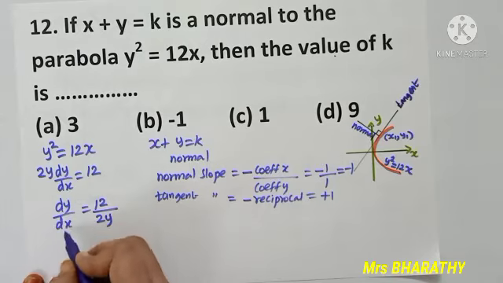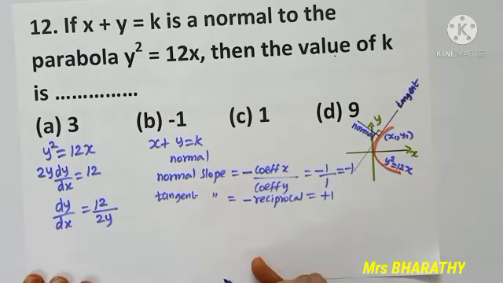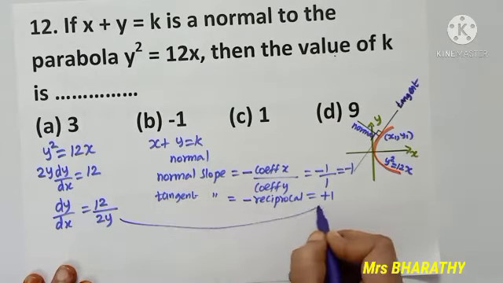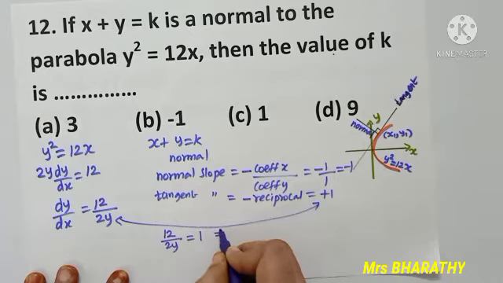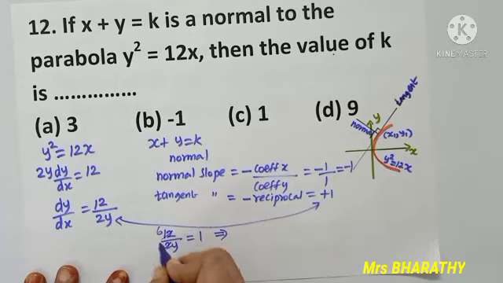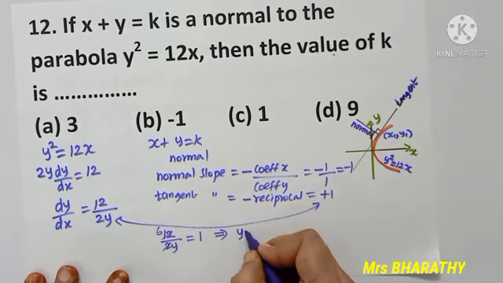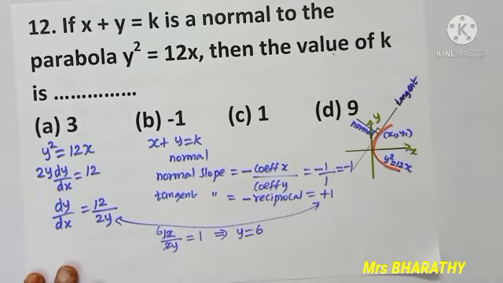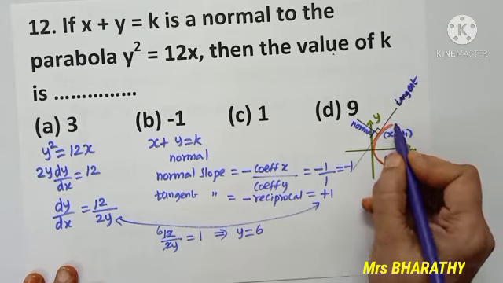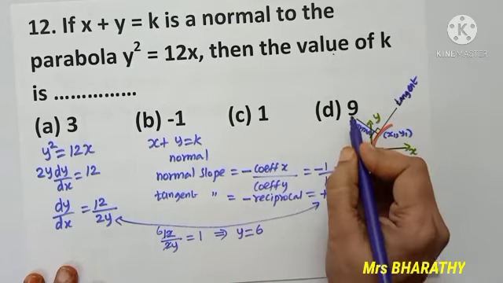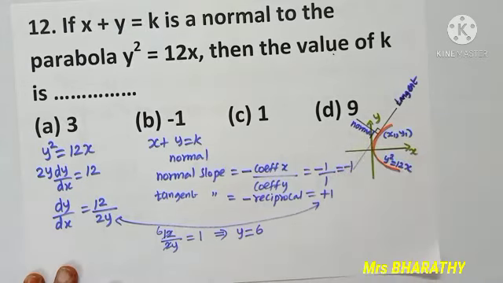I know dy by dx is 12 by 2y. Comparing these two, I get 12 by 2y equals 1, or if I cancel and cross multiply, y equals 6. We know the point x1, y1 is on the parabola as well as on the normal.